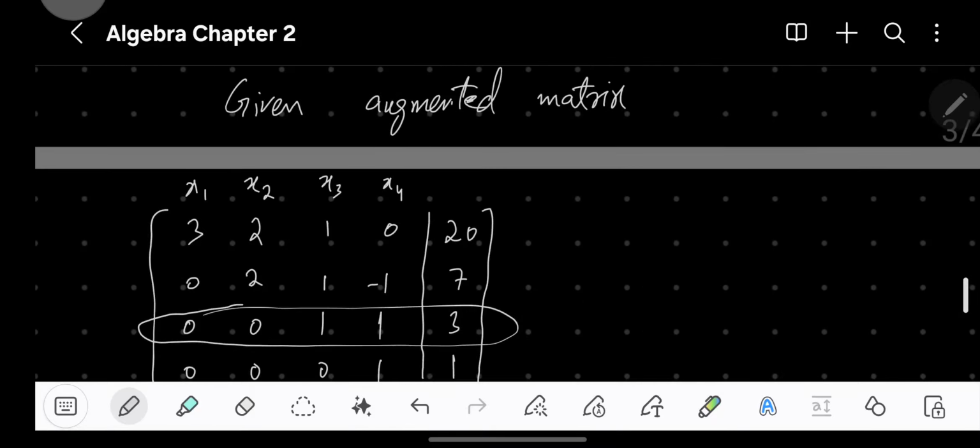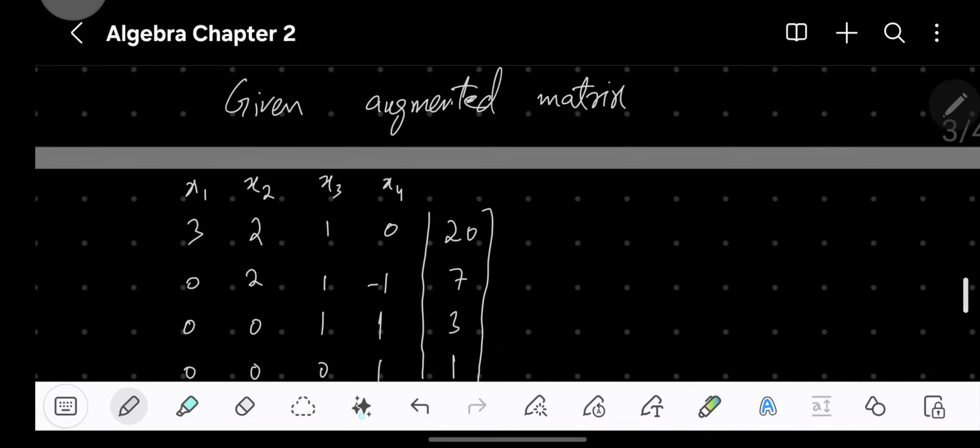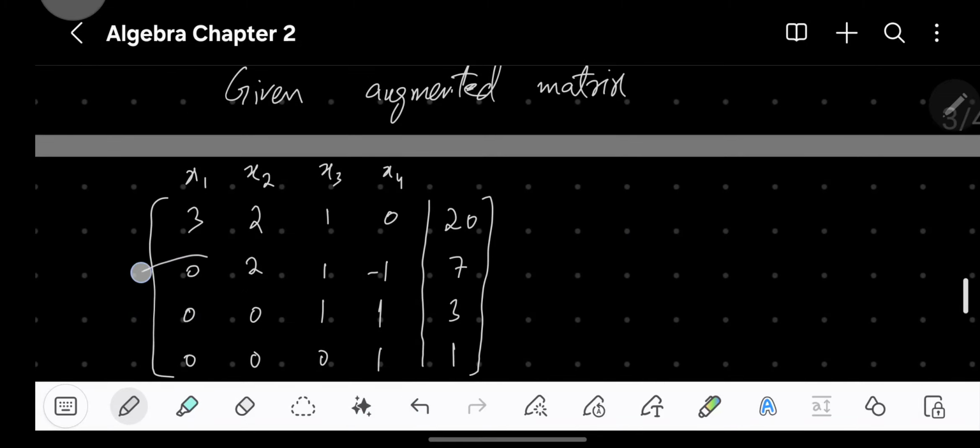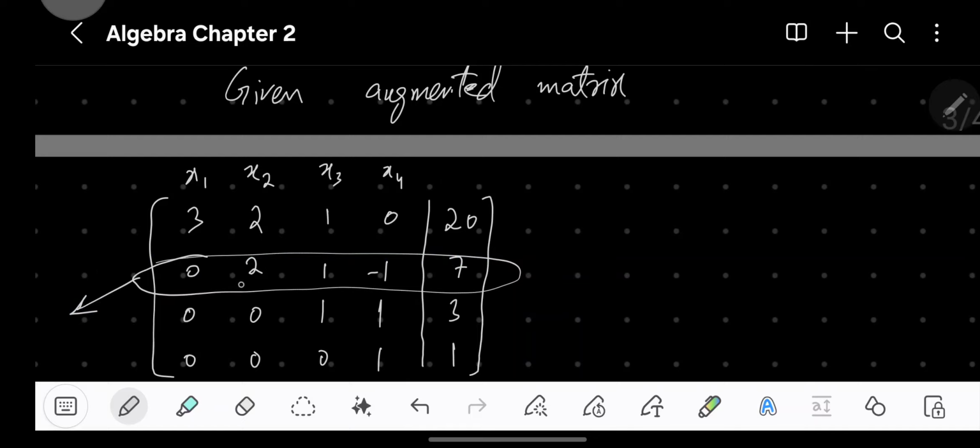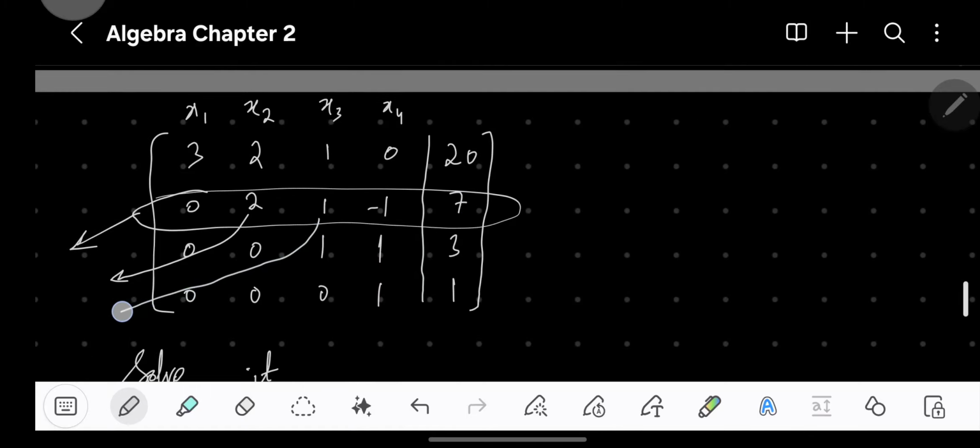Now I will go with the second row. This means 0x1 plus 2x2 plus 1x3 minus 1x4 is equal to 7.